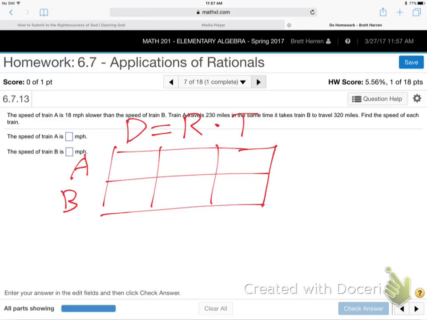Feel free to check with those around you. You can subtract this, because then this will become negative and you divide by 8.